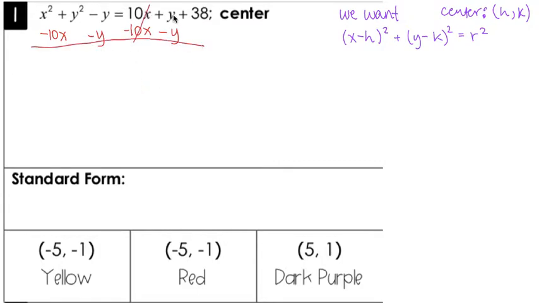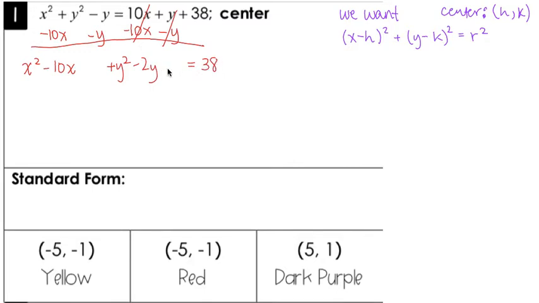And you'll see they cancel from this side because I'm moving it to the other side of the equals. And then I get x squared minus 10x plus y squared minus 2y equals 38. I wanted to leave a gap, so let me rewrite that.